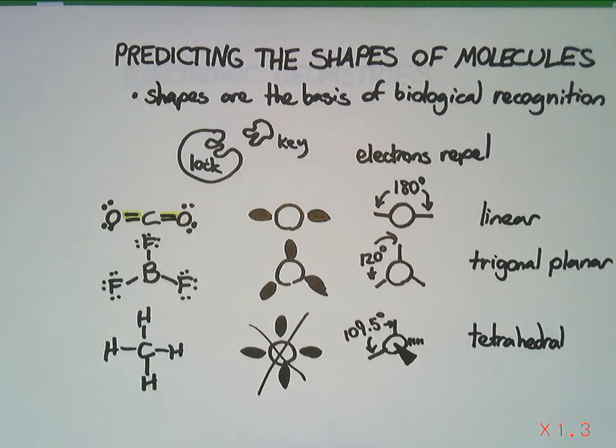And this, in a nutshell, is the way we're going to be predicting the shapes of molecules in this worksheet. And in fact, the three basic shapes that I have shown you, linear, trigonal planar, and tetrahedral, can describe almost all of the molecules that you are going to encounter in organic chemistry later on.